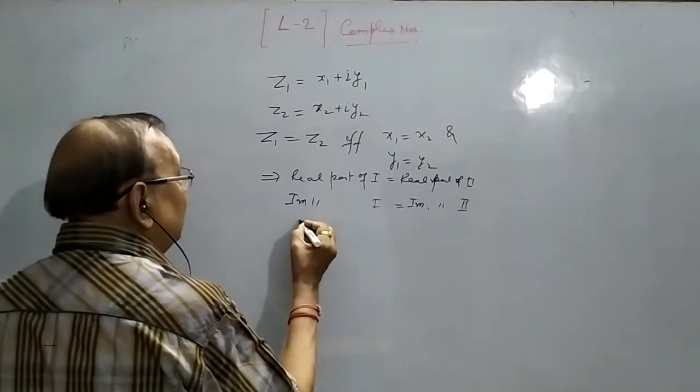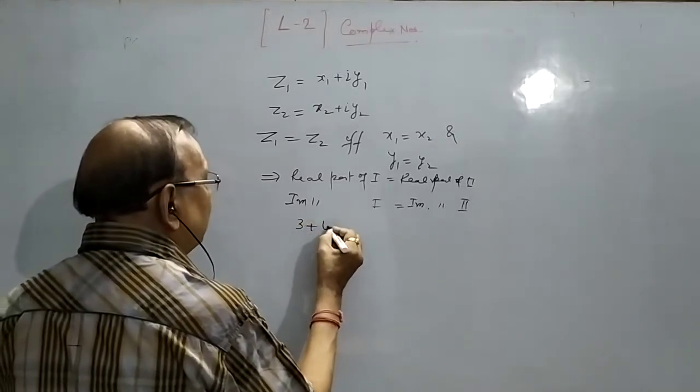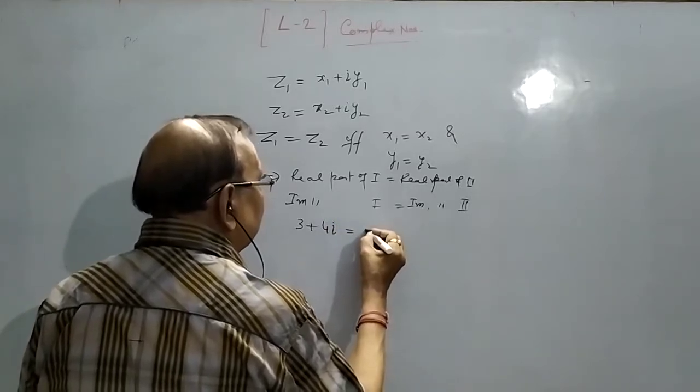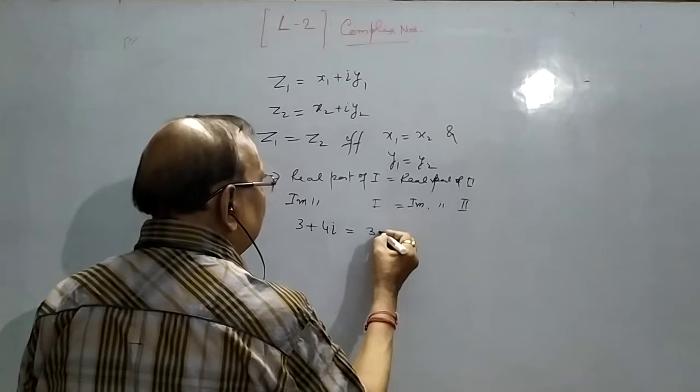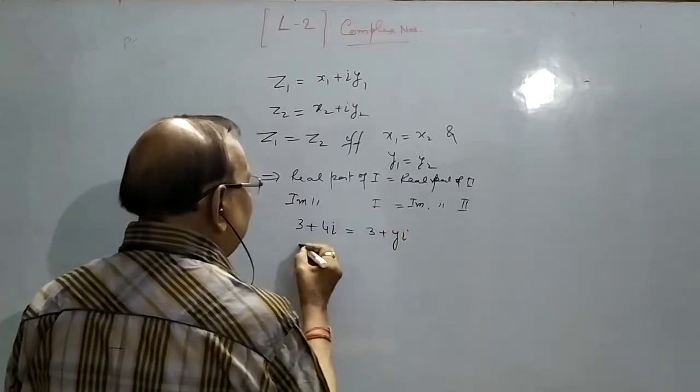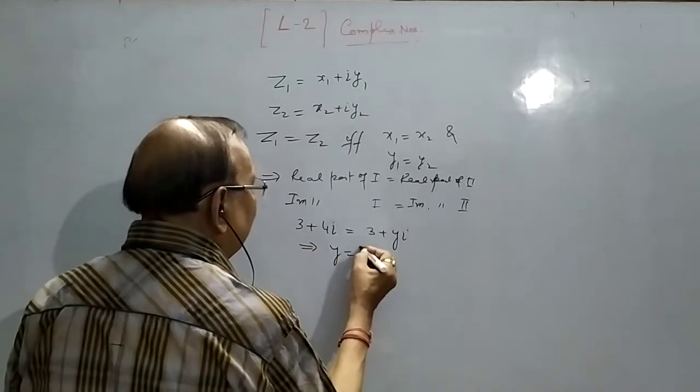For example, 3 plus 4i is equal to 3 plus yi. So that means y is nothing else except 4.